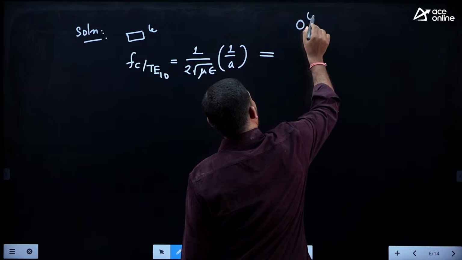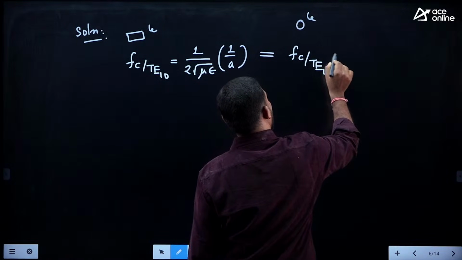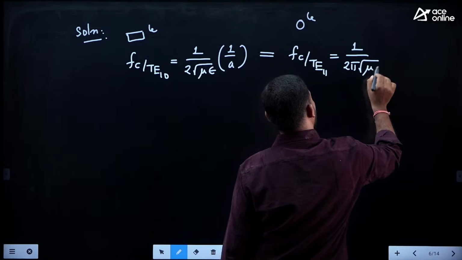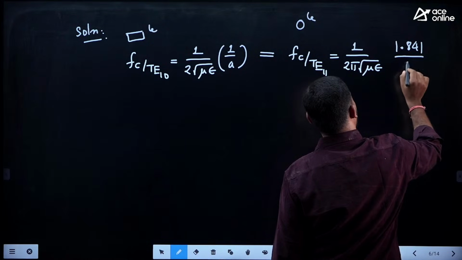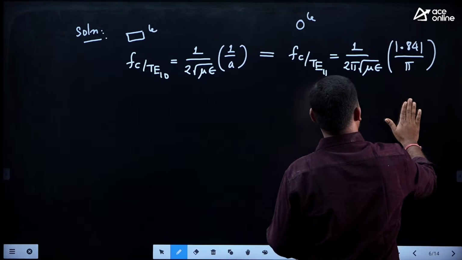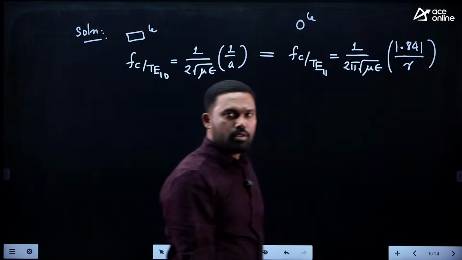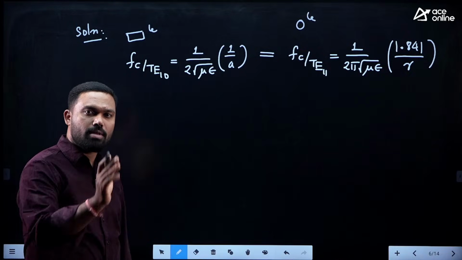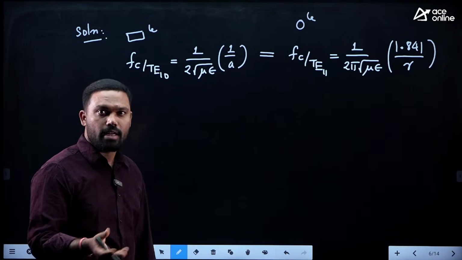For the circular waveguide, what is the dominant mode? fc, it is TE11, which is equal to 1 divided by 2 pi square root of mu epsilon into 1.841 divided by, not pi, it is r. So we wanted to maintain the same dominant mode cutoff frequency in this one and this one. If that is the case, he is asking the relation between a and r.